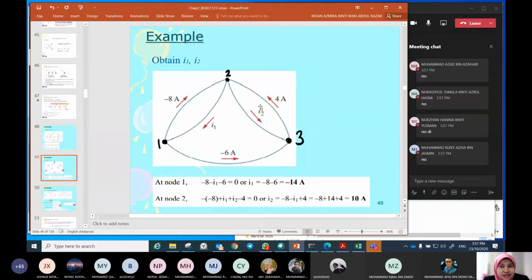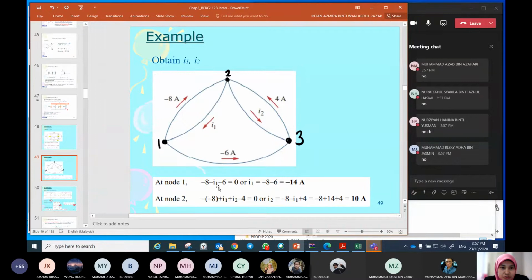The other example is also very basic. Obtain I1 and I2. I put the nodes here and name them node 1, node 2, and node 3. At node 1, current entering is I1. It is equal to minus A plus minus C, right?